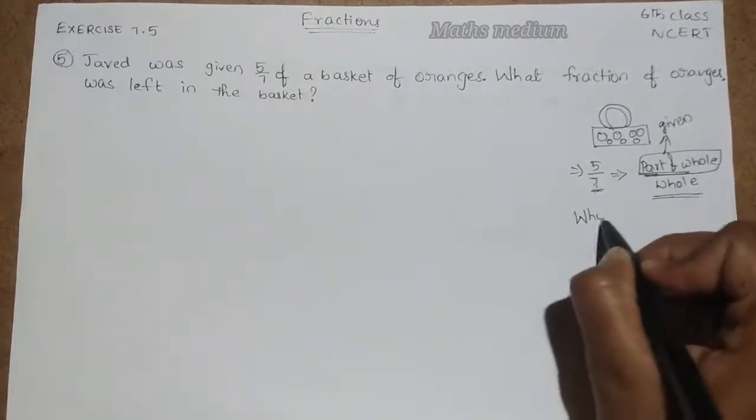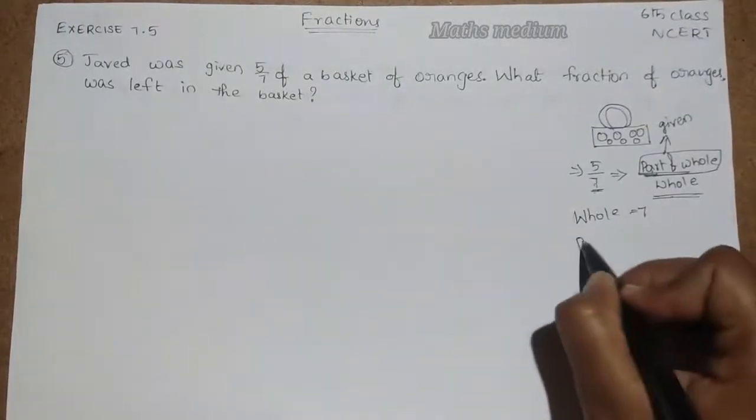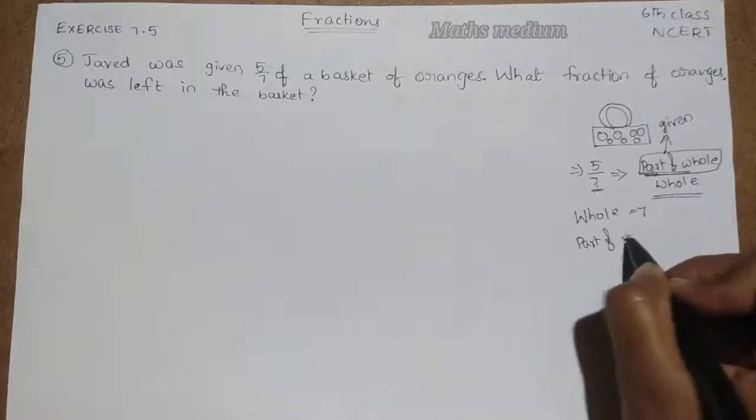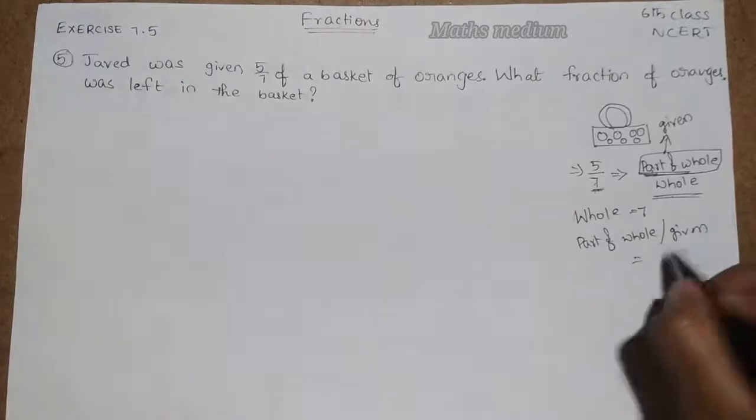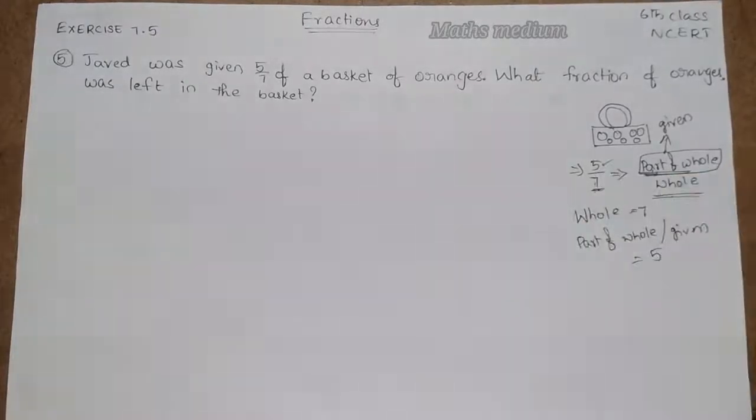Part of the whole, or given, is 5 in the numerator.